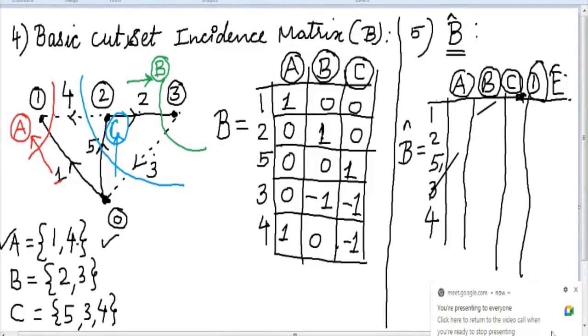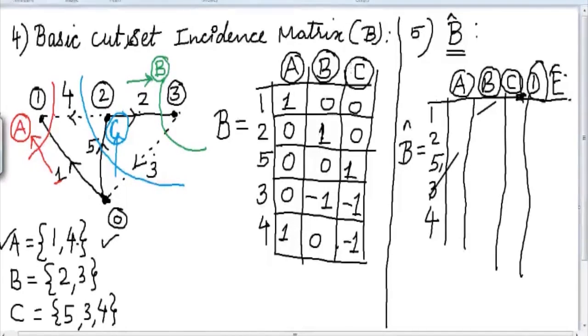So just we will complete it. While writing this augmented cut set incidence matrix, we have to copy the contents of the previous matrix, that is the A, B, C part. We have to write it as it is, and then we have to write the two more sets that will be related to the links. So here, as we know that we have two links, we have written D and E over here.